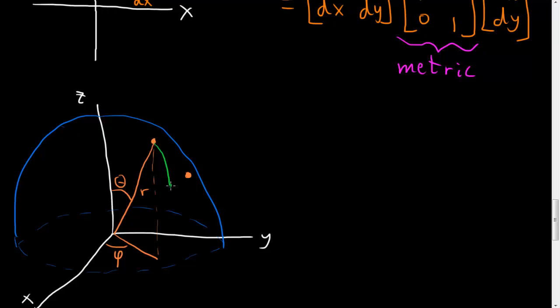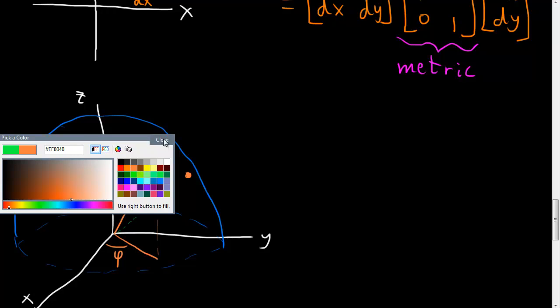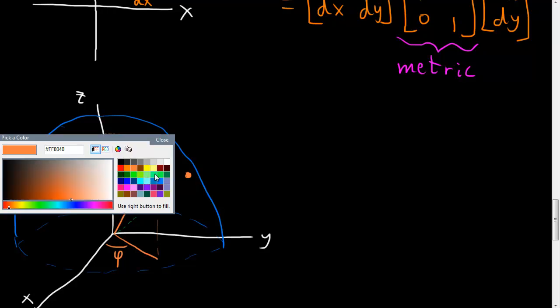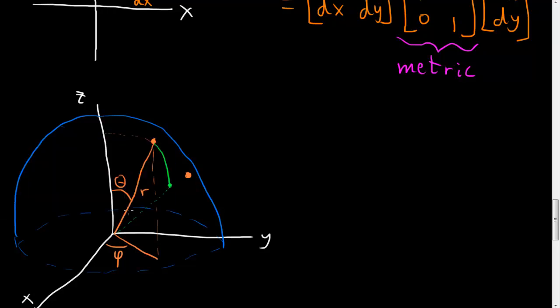So maybe we just have a little dotted line here. So we need to go from the old theta, which maybe I should illustrate is the angle between this and the z-axis, to a new theta. So now we have to go by a d theta that's a little different.